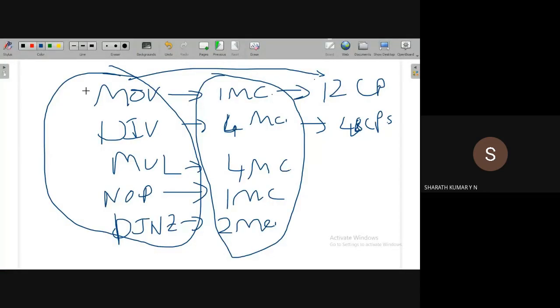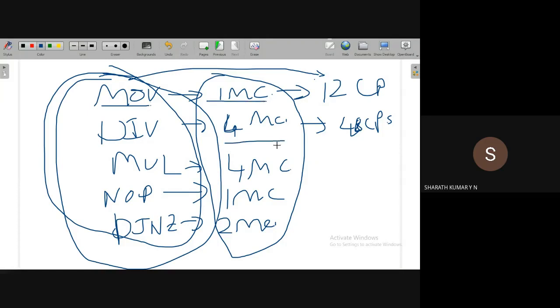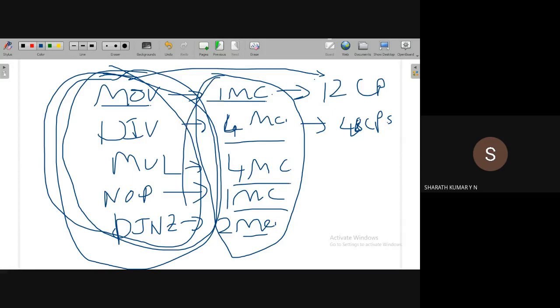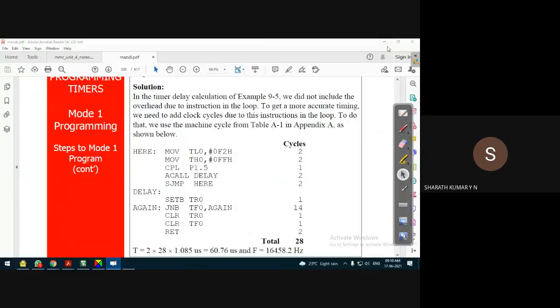For example, each instruction takes a different number of machine cycles, and the time required to execute an instruction depends on the number of machine cycles required. Like this, we have a simple program example.